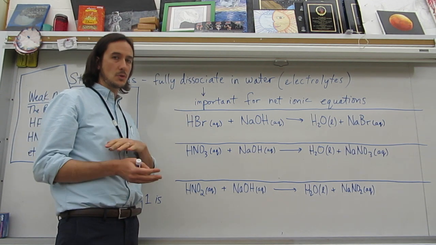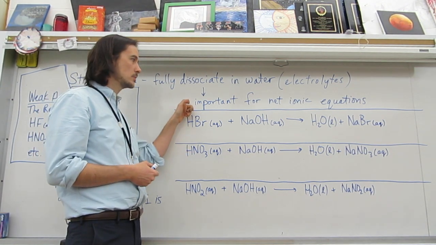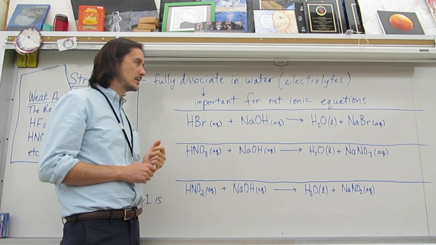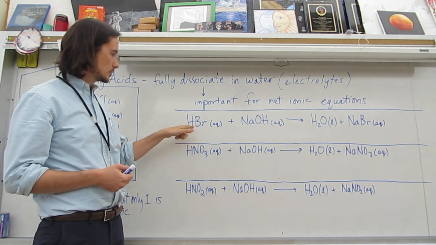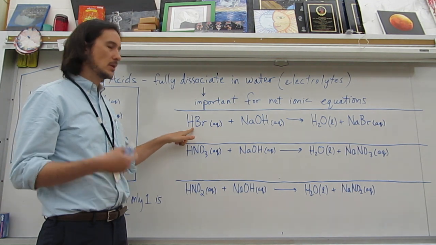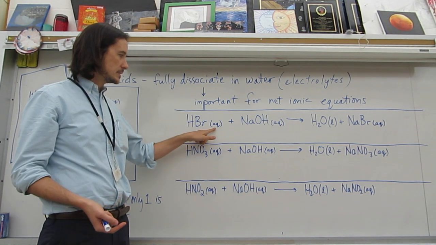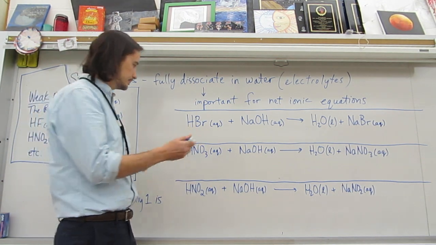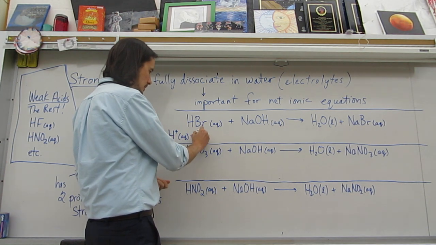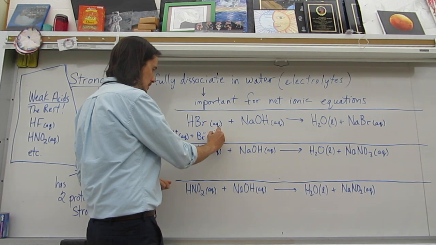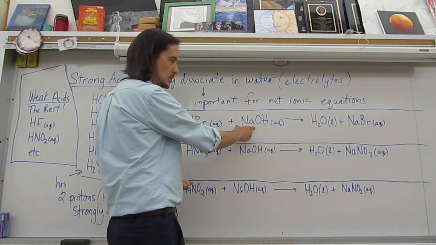This is going to be important. Knowing the difference between a strong acid and a weak acid is going to be important when writing a net ionic equation. So let's take this for example. This is HBr. HBr is a strong acid. So when you see it's aqueous, you split it apart and you write the ions. Then we've got sodium hydroxide.